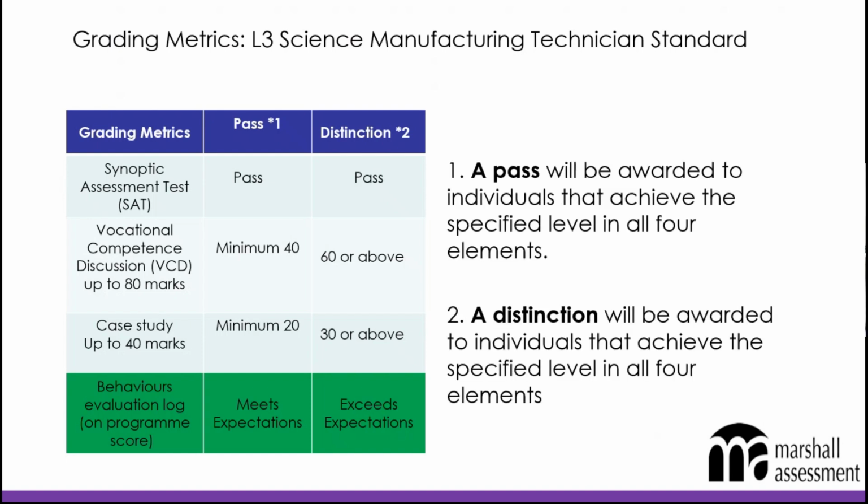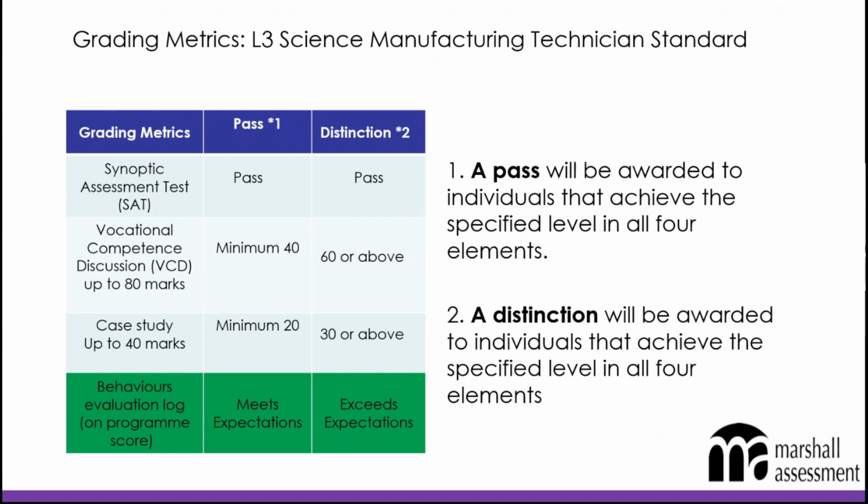So how you're graded: a pass is awarded to individuals that achieve the specified level in all 4 elements. So if you pass your observation, if you get a pass in your vocational competence discussion, if you get distinction in your case study, and you get exceeding expectations in your behaviours, because you didn't achieve distinction overall, you will be capped at a pass.